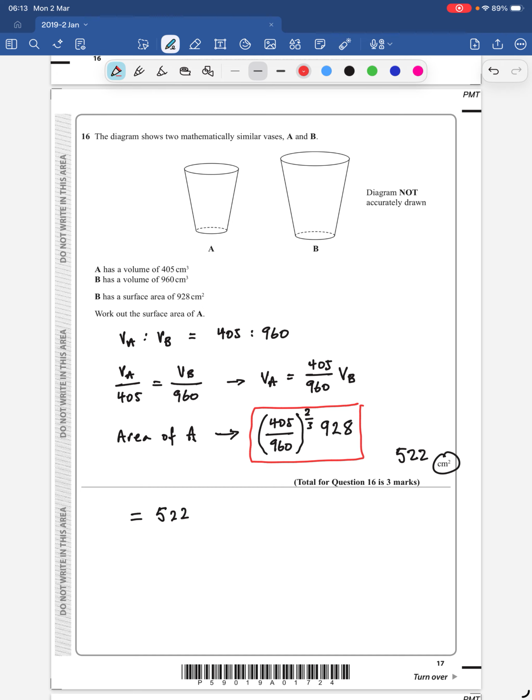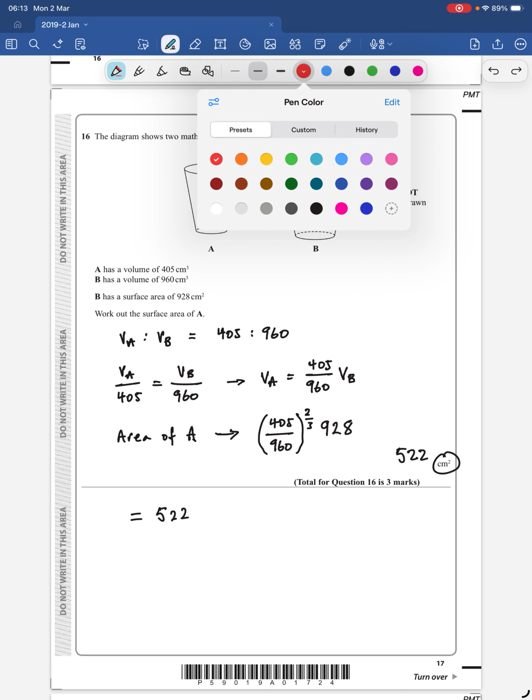Okay, it's important to bear in mind what you've done here. You've taken the volume scale factor, cube rooted it to get the linear, squared it to get the area, and then multiplied it by the surface area of B to get the surface area of A. And there are a few things you can carefully check.